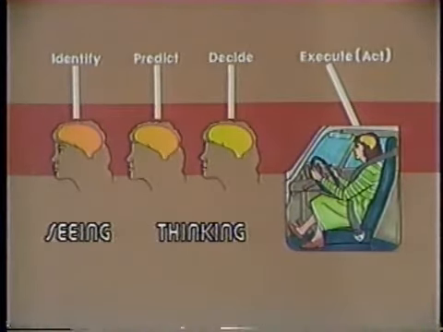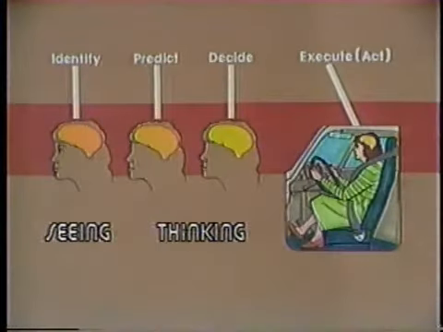Now you can see in this whole scheme, IPDE, that the brain really does most of the work. After you see, the process goes to the brain, and the brain, first of all, has to make a prediction, and it has to predict all of the possibilities that could happen in that situation.